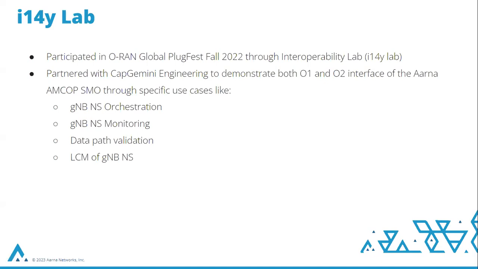So this is again the platform for doing the interoperability testing and basically demonstrate the capabilities. As I mentioned in the slide, last year we did this interoperability testing with Capgemini Engineering, who brought in their CU and DU, and a different vendor who brought in their RU, which is Foxconn.